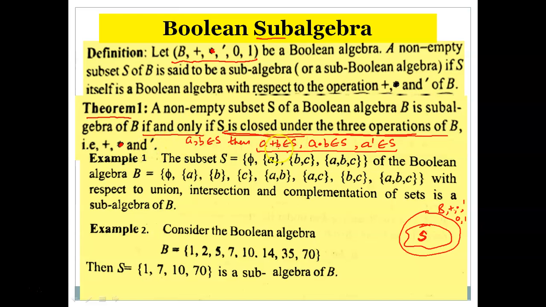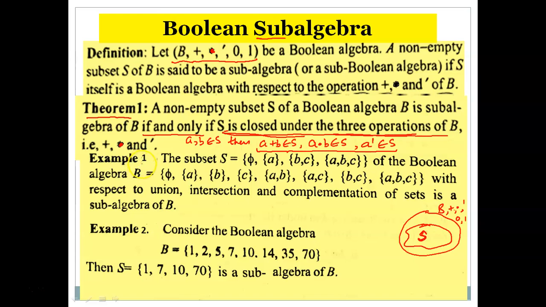If we write this, S is closed with respect to the plus operation, meaning you take any two elements of S and apply the plus operation, the new element will again be in S. Similarly, if we write A dot B belongs to S for all A, B belonging to S, it means S is closed under the dot operation, and if the complement of each element belongs to S, then you can say that S is closed under the complement operation.